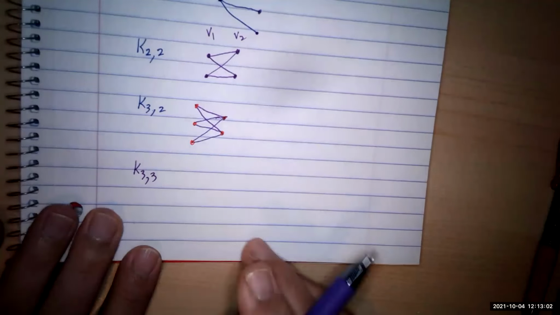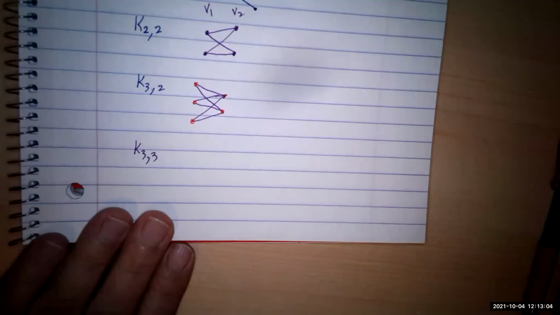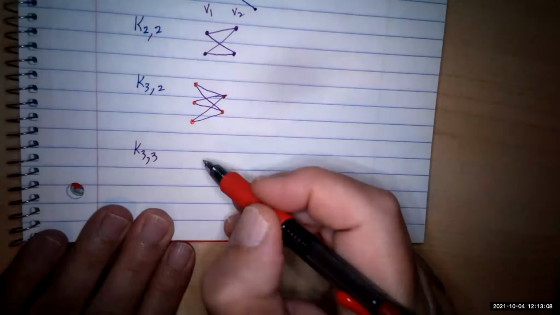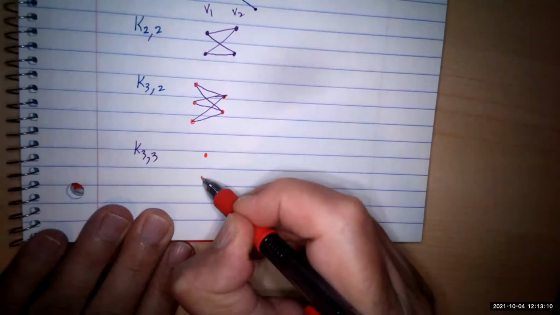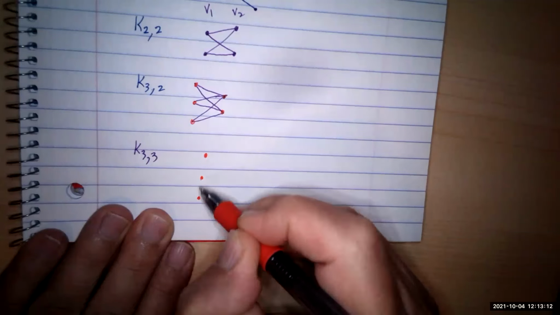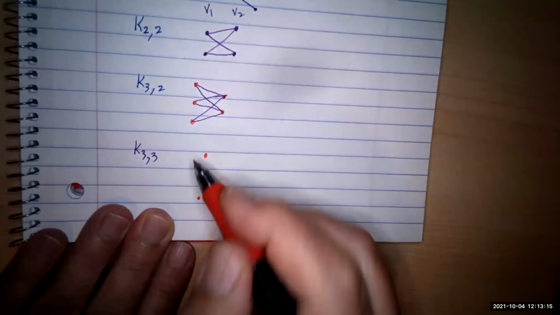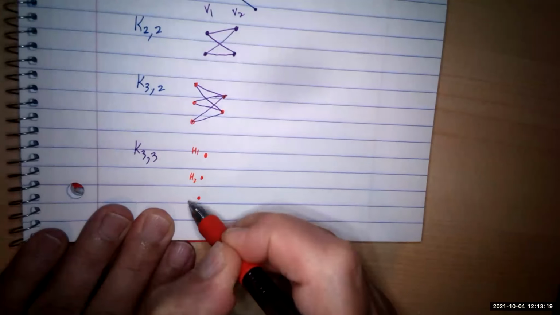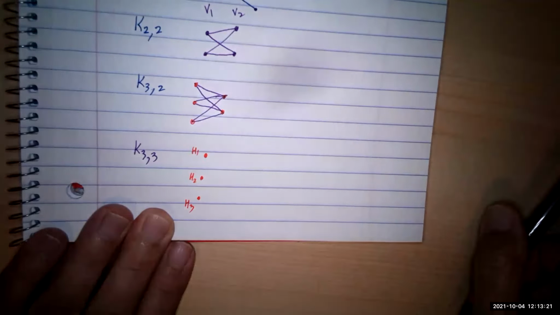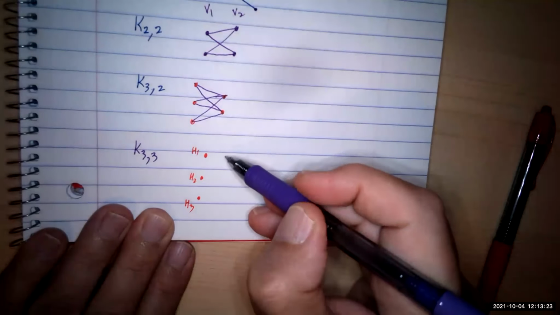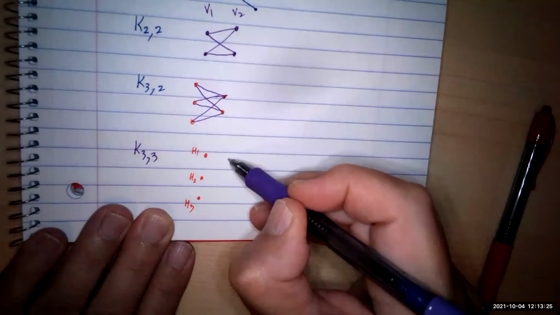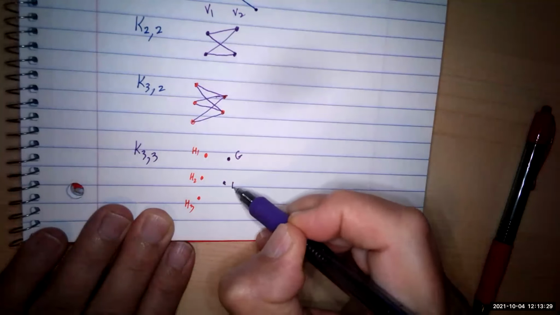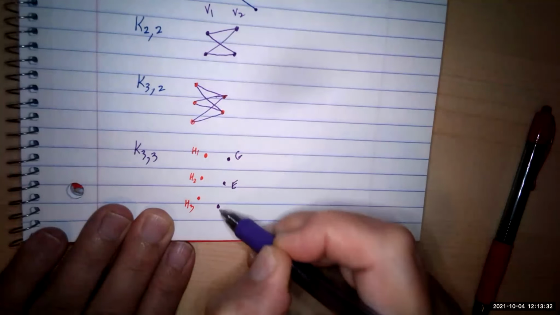The famous one is this one. We call it the utility graph, because you see this is 3 vertices. We have these 3 homes, if you like: H1, H2, H3. Each home would need what? Gas, electricity, and water.